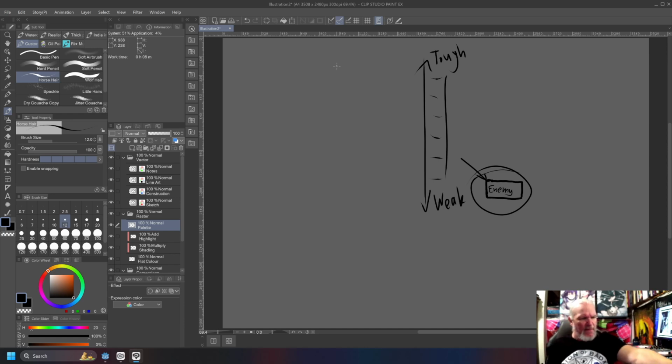You have to be able to tell them apart just by looking at them. When you look at the enemy, you go, oh, that's a tough one. He has to have a different shape, a different way of moving. There have to be clear and obvious indicators that this enemy is different from other enemies. And I haven't got all that worked out yet. And you don't need to have it all worked out.